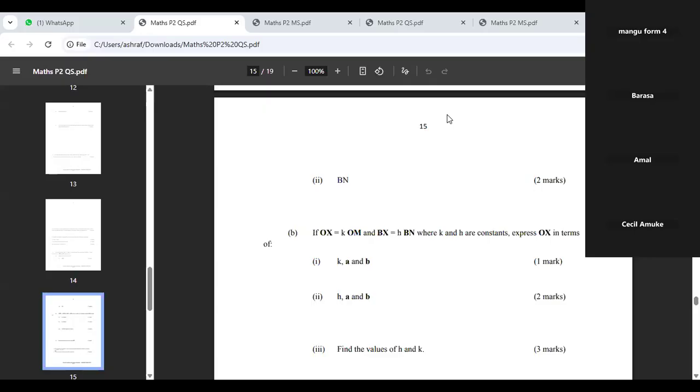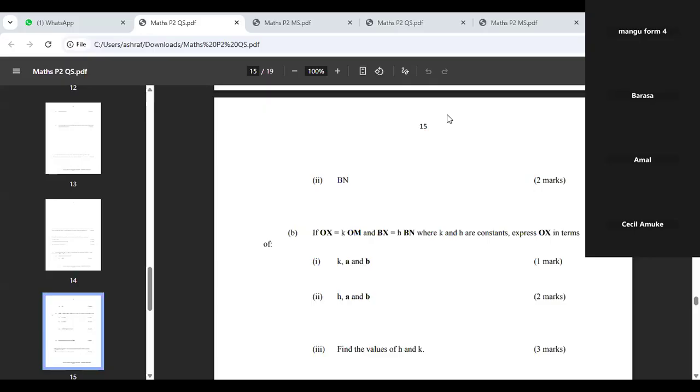I'm also starting with B, so negative HB plus a third AH. So once you've written them like that, you equate the coefficients of the vectors. So the coefficients of B, and you also equate the coefficients of A. So if we equate the coefficients of B, we have 1 minus H is equals to negative H. Those are the coefficients of B.